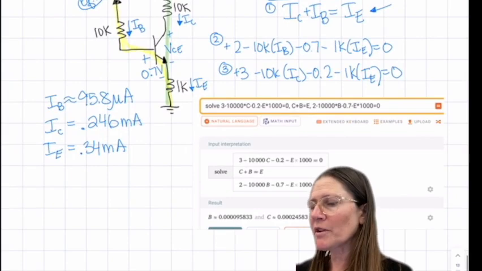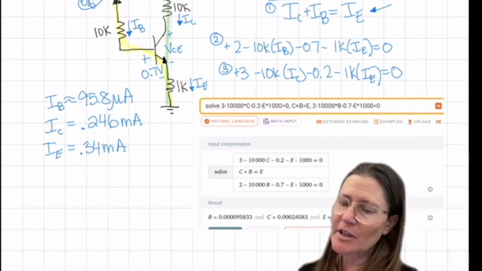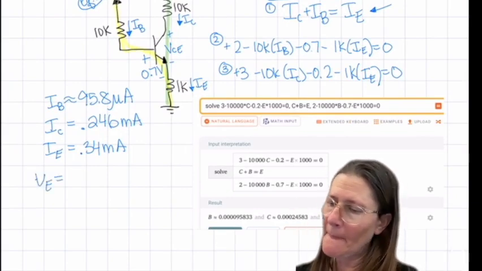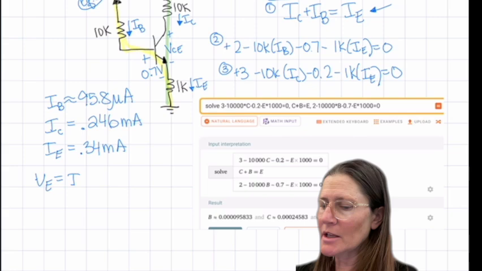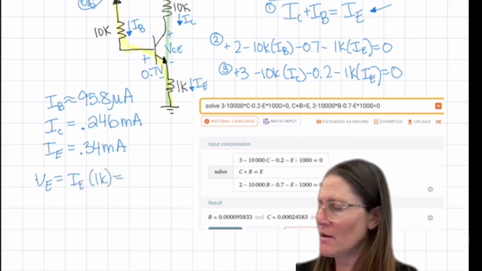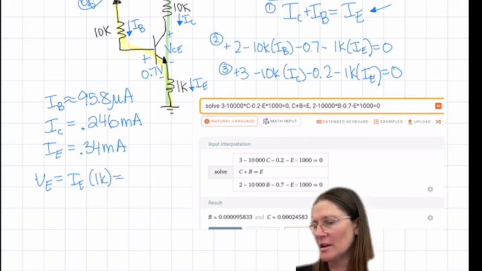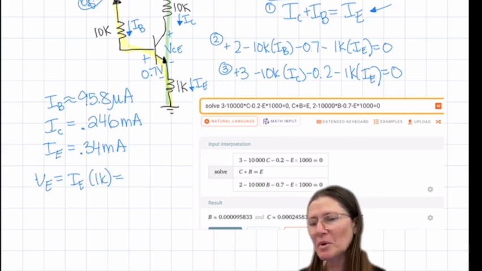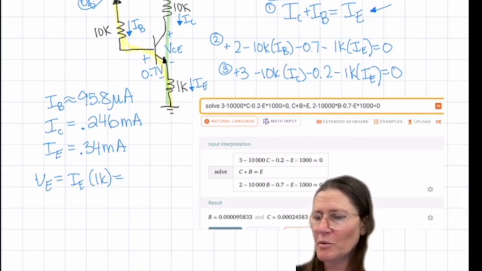So then we can find VE from IE times 1K, and that ends up being 0.34 volts.